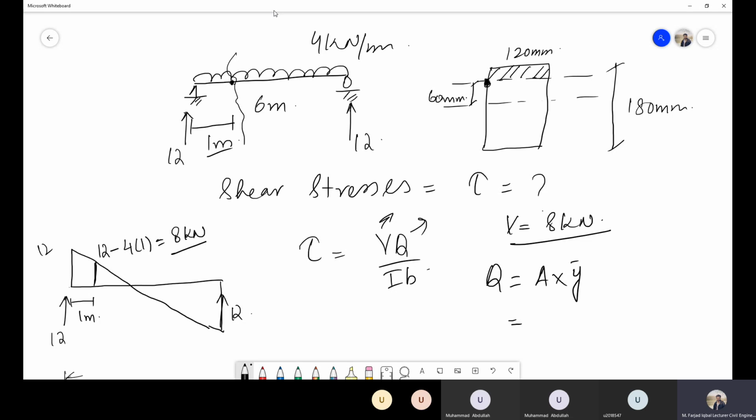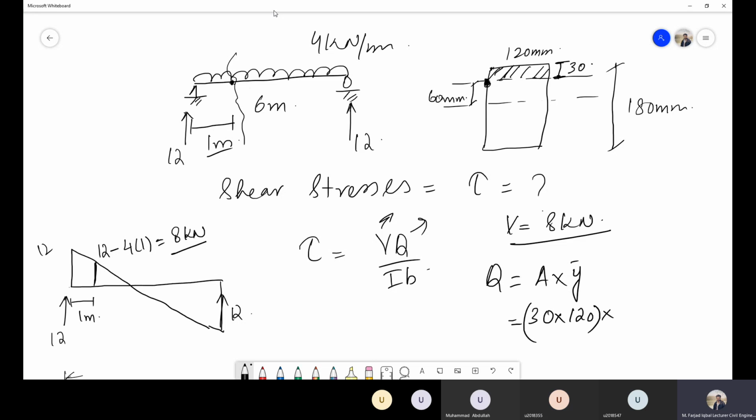What is this area? 60 into 120, above this point, this shaded area. What is this distance? 30 into 120. This distance will be 30, and the width is 120.